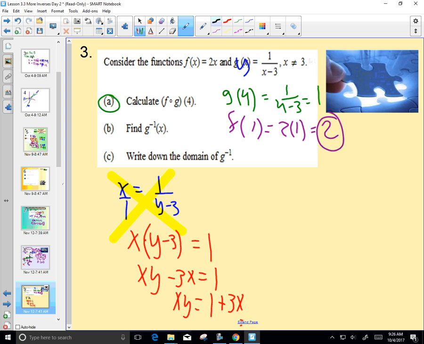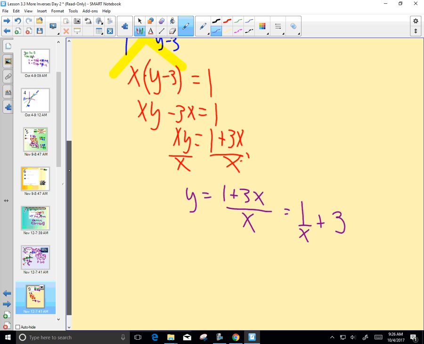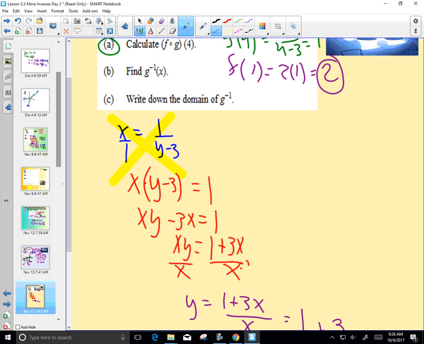So therefore, y is equal to, I think I did this right, didn't I? So y is equal to 1 plus 3x over x. Yeah, that's right. Or if you wanted to, it's 1 over x plus 3x over x. That'll do it too. So g inverse is equal to 1 plus 3x over x.